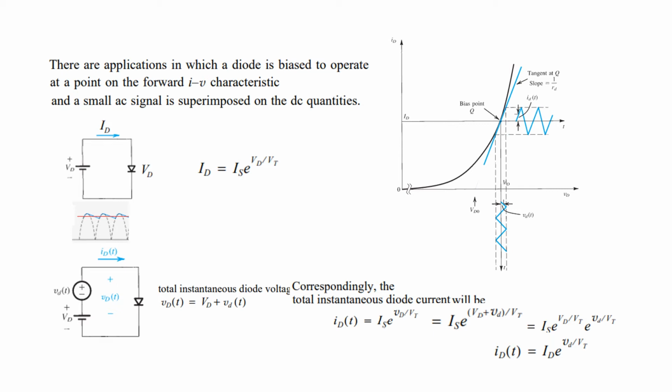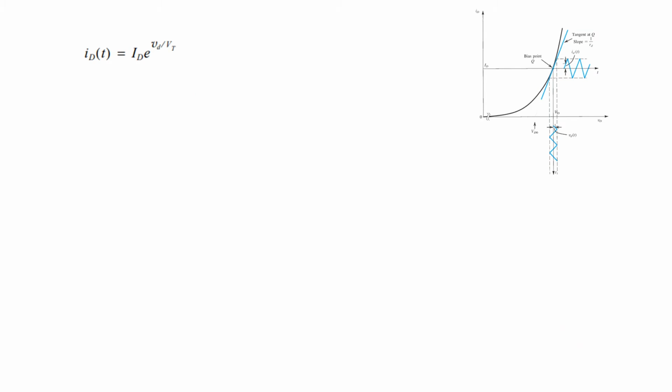This is just to give you an idea, and this form of the total instantaneous current, or as I call it AC plus DC current, this equation is called the exponential model. And from the exponential model we'll proceed. So this was the instantaneous current.